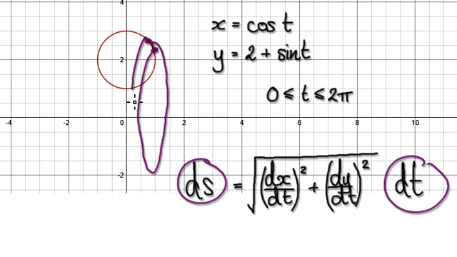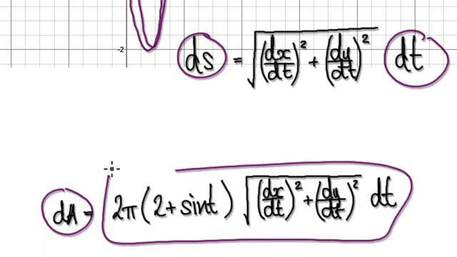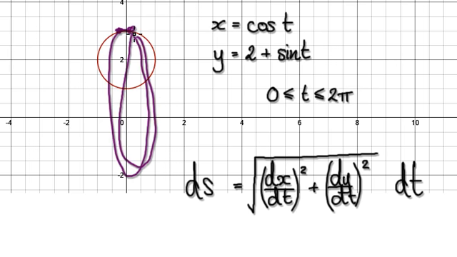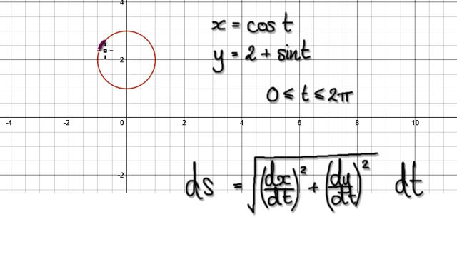So this is your area here. Once you've got your small change in the area, you will need to sum up all the areas as you're moving around. As you're moving around here, you times it with 2 pi r, and over here you still times it with 2 pi r.